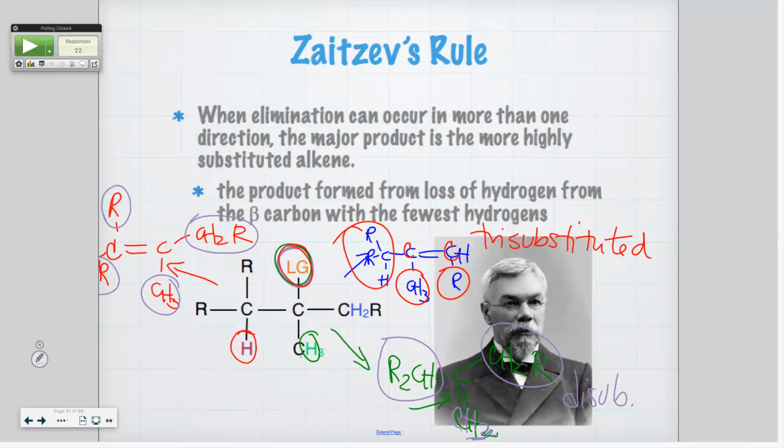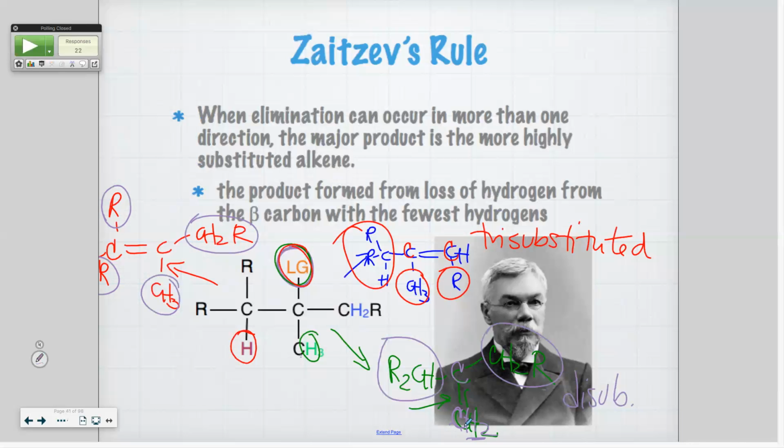All you look at are the carbons of the double bond. You look at those 2 carbons. So here's a compound. This is called a di-substituted double bond, because this carbon has 1 R group on it, and this carbon has 1 R group on it.